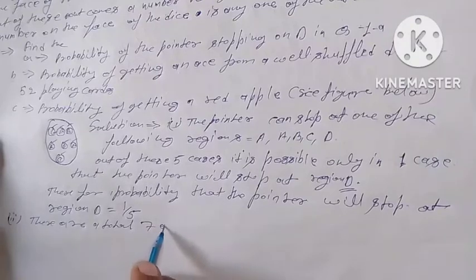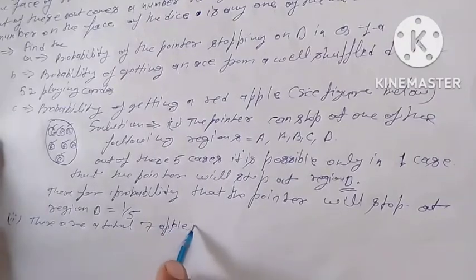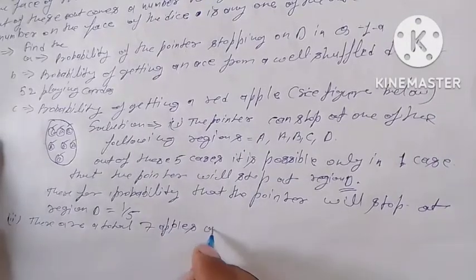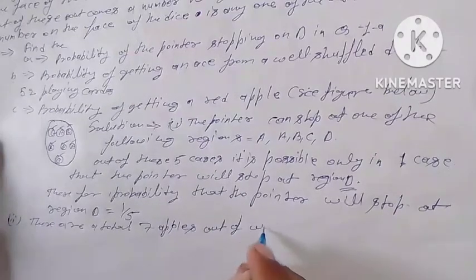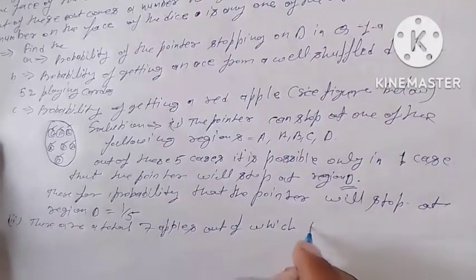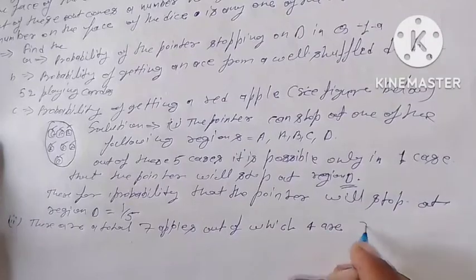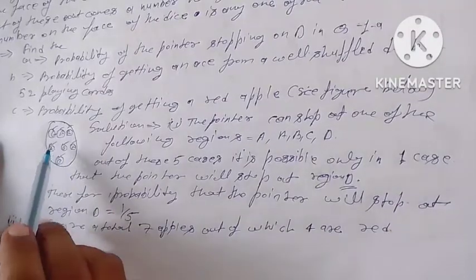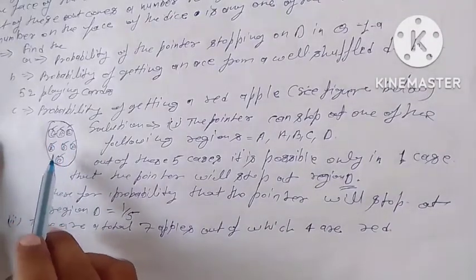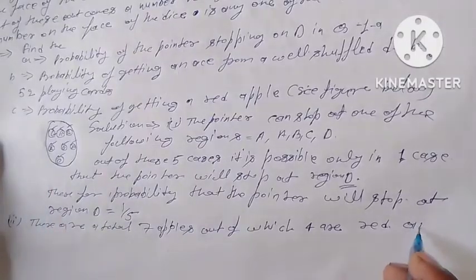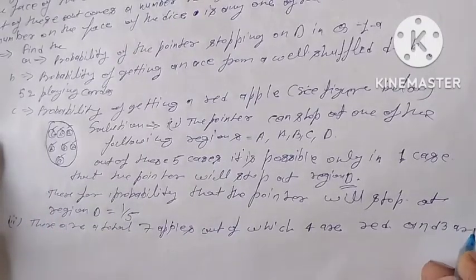Out of which 4 are red, 1, 2, 3, 4 are red, and 3 are green.